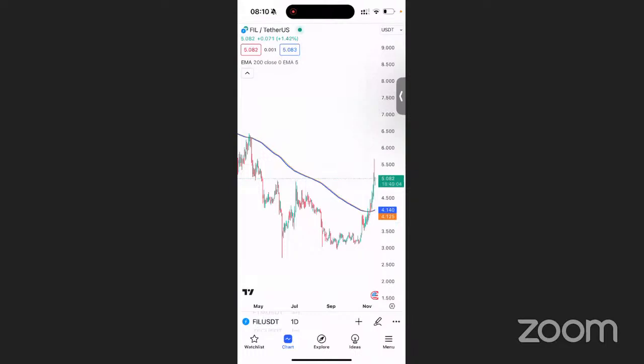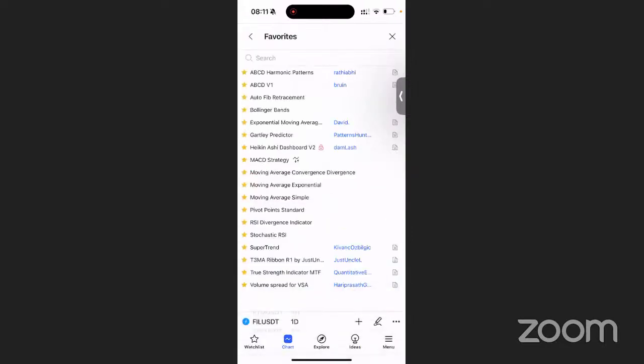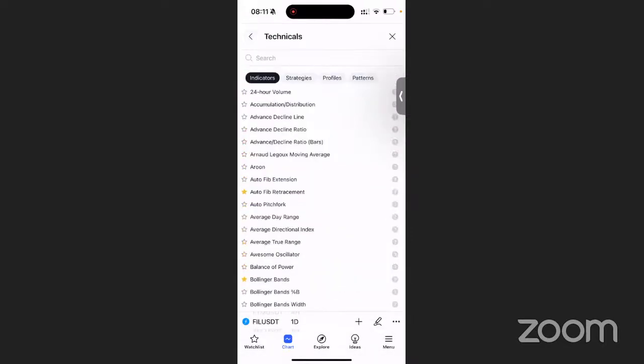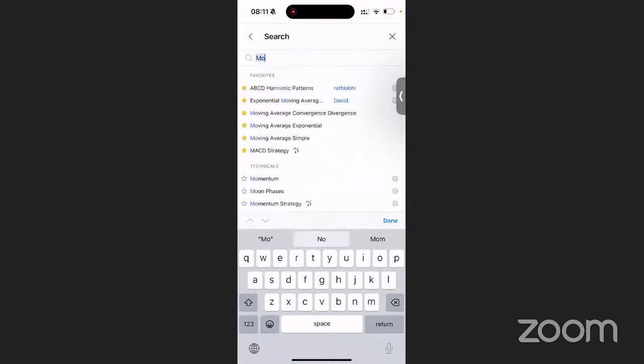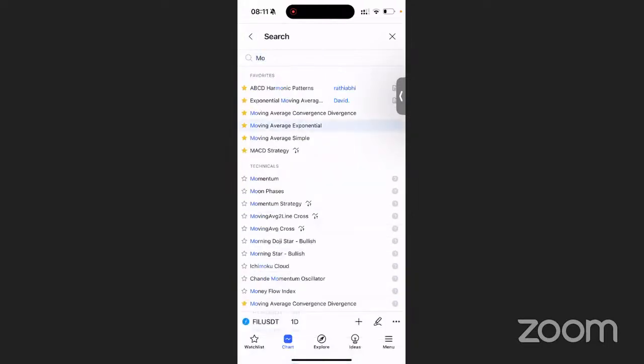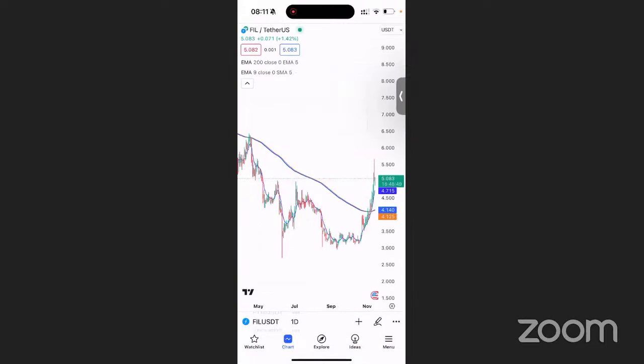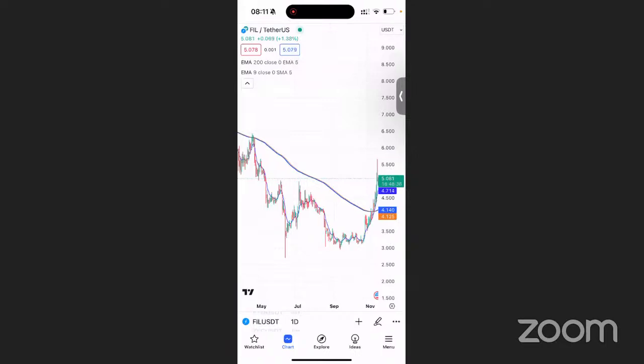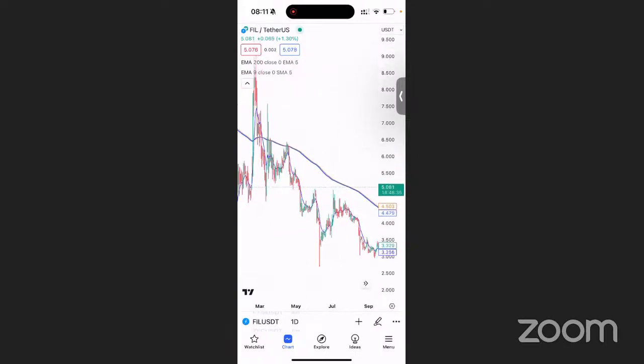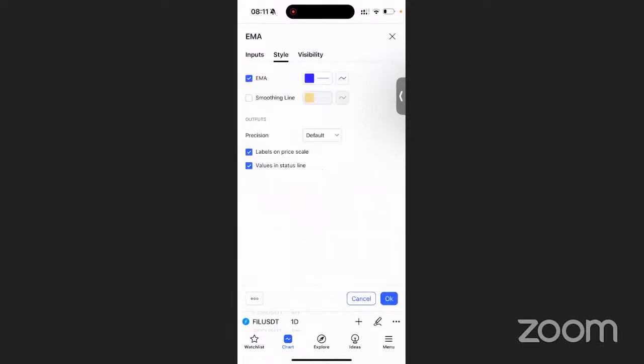Now the challenge here is that we can't have more than 2 indicators on the screen, but let us add another exponential moving average. And this time around, ladies and gentlemen, this could be a 9 or anything, but let me just raise it up a little bit to around a 50 moving average.